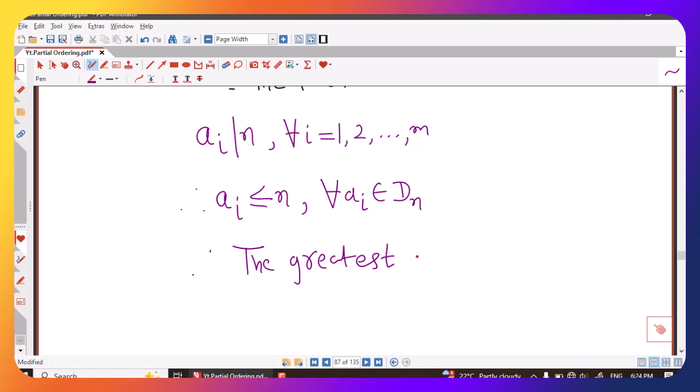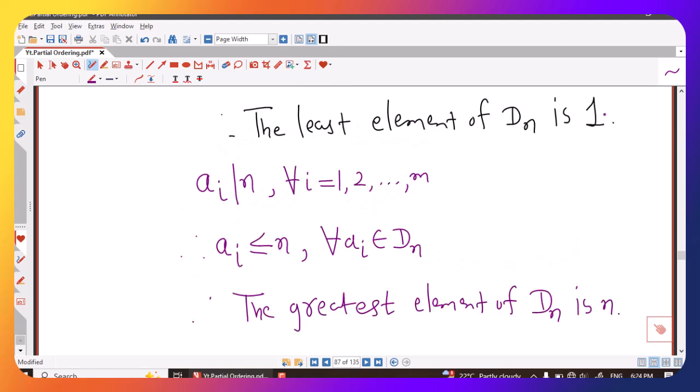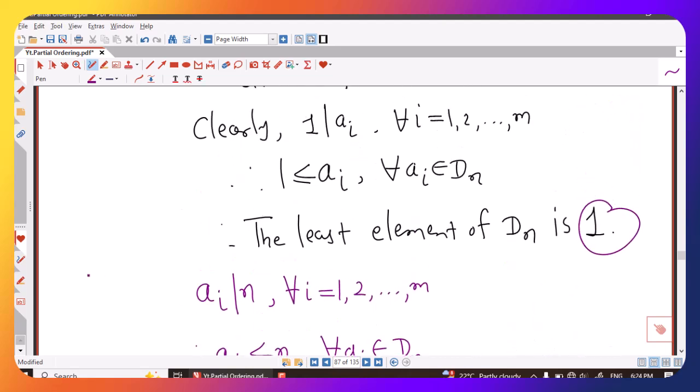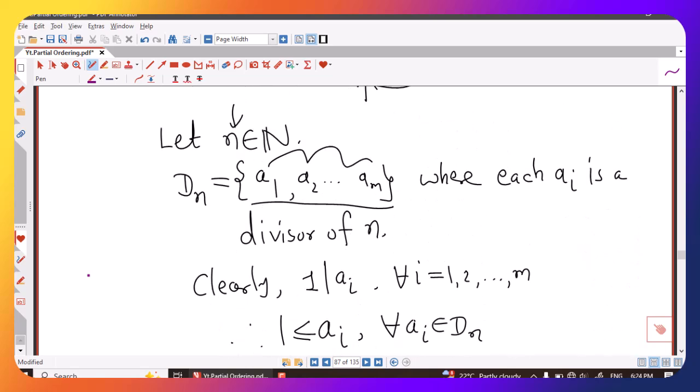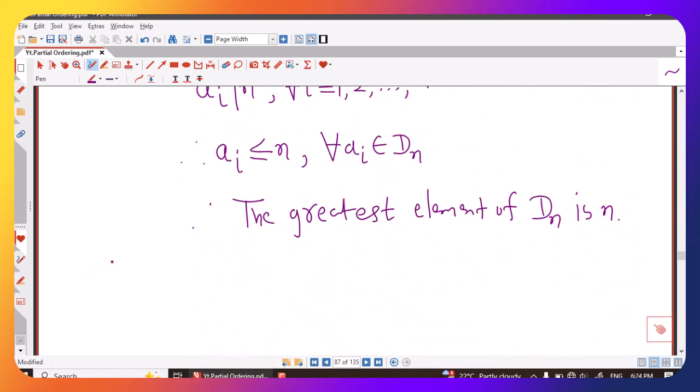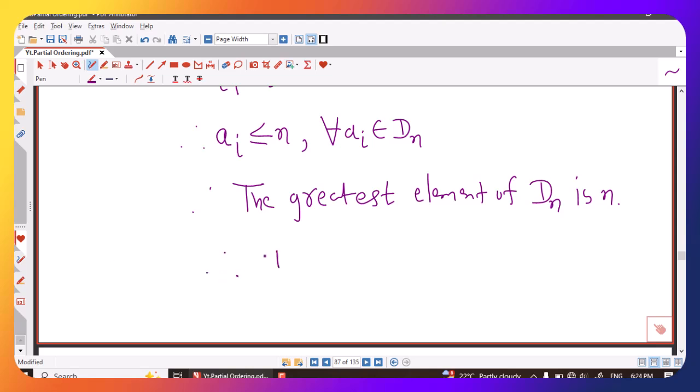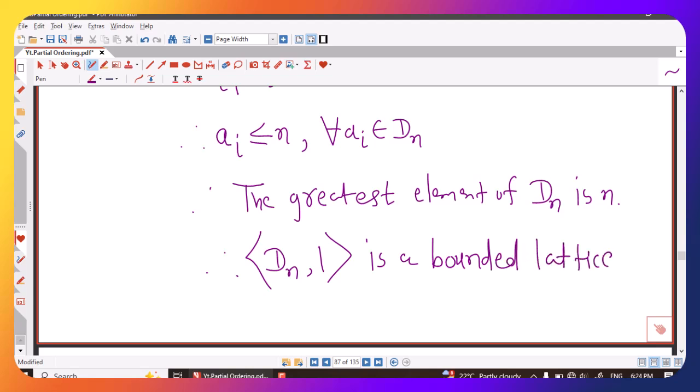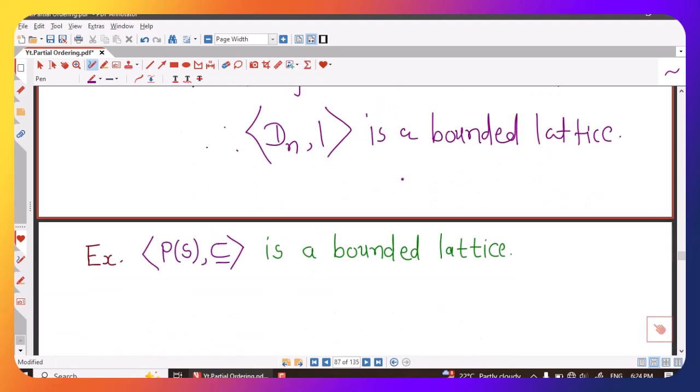So the greatest element of Dn is n, and the least element of Dn is 1. We can see that in Dn the least and greatest elements exist, and therefore Dn is a bounded lattice.